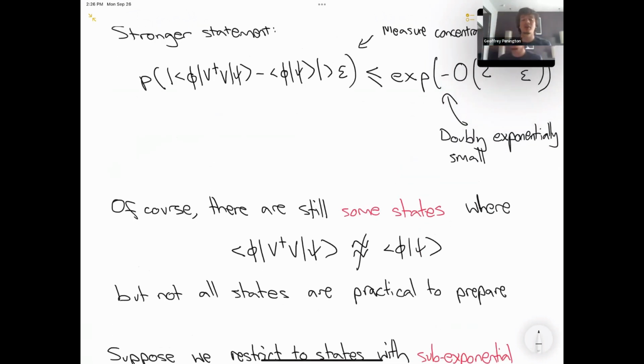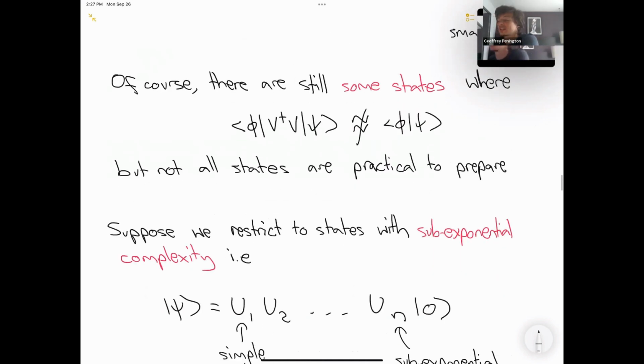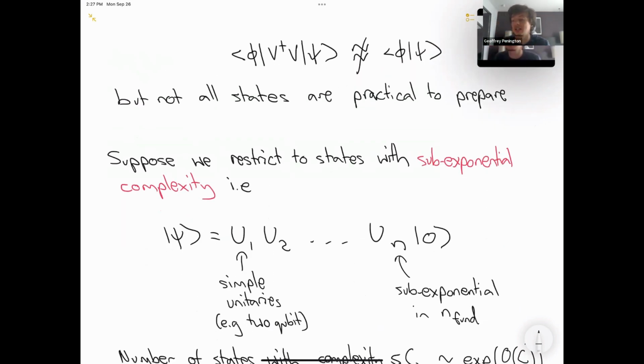So you might say, okay, we just have to prepare the right state, and then we'll be able to see that these inner products aren't preserved, and everything will still catastrophically fall. But the issue here is that not all states are equally practical to prepare while remaining within the effective field theory. In particular, the complexity of preparing an arbitrary state, the number of steps you need, the length of the quantum circuit, the set of unitaries that you use to prepare it, will in general be exponentially high.